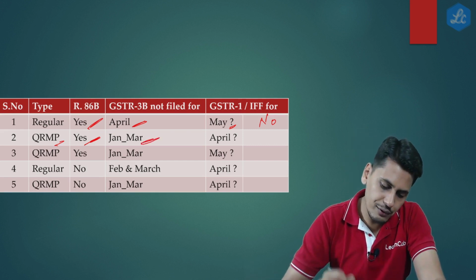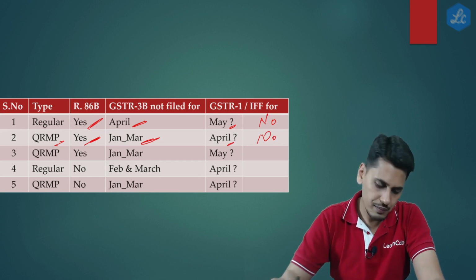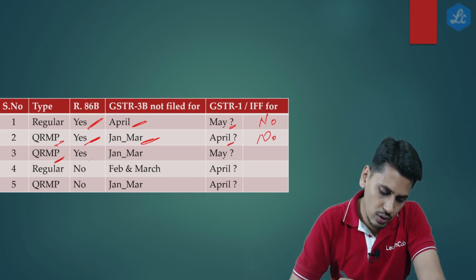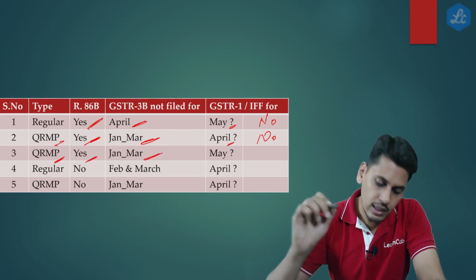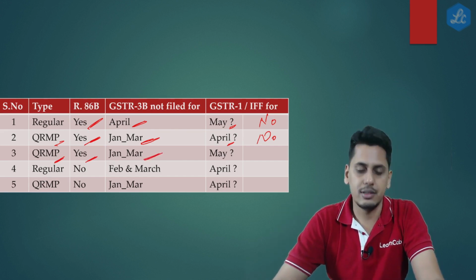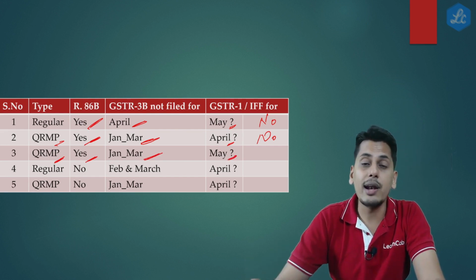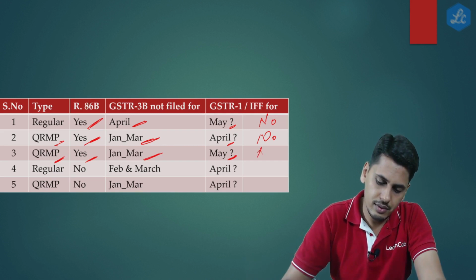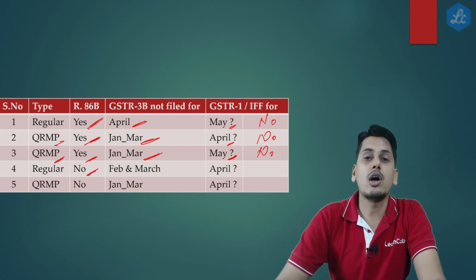If 3B is not filed for January to March, GSTR 1 for April is not going to be allowed. Again, QRMP person, Rule 86B applicable. If 3B is not filed for January to March, can GSTR 1 for May be filed? The answer is no.